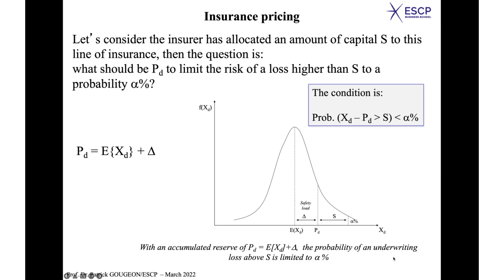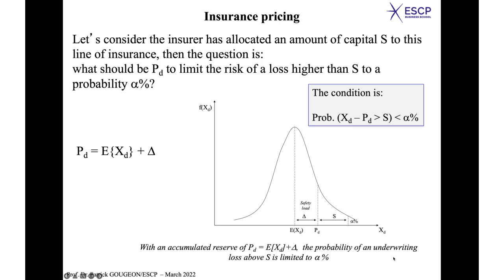So we have just a limit here. So on this graph, you find the value of PD which corresponds to the inequality you have here. If PD is as it is here, you can clearly verify on this graph that the probability of XD minus PD to be higher than S is just equal to alpha%.